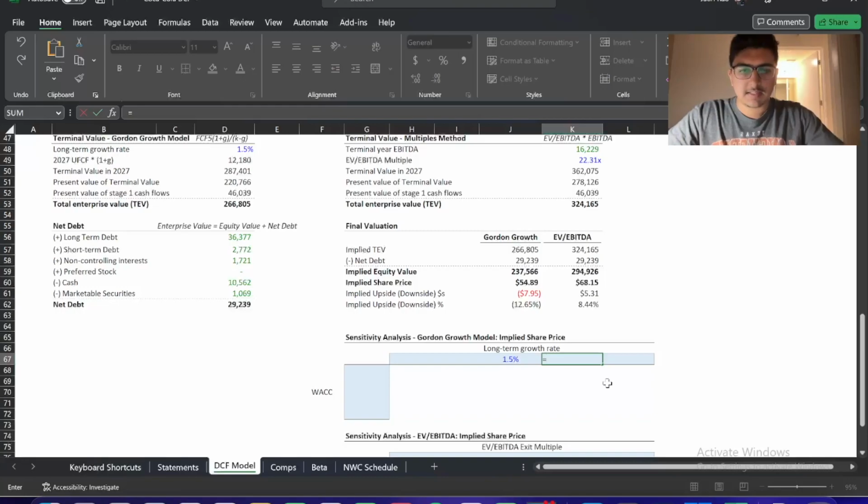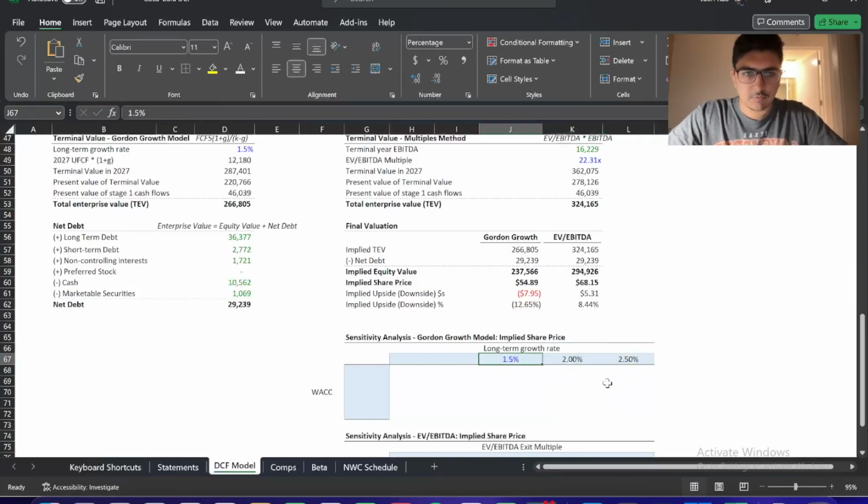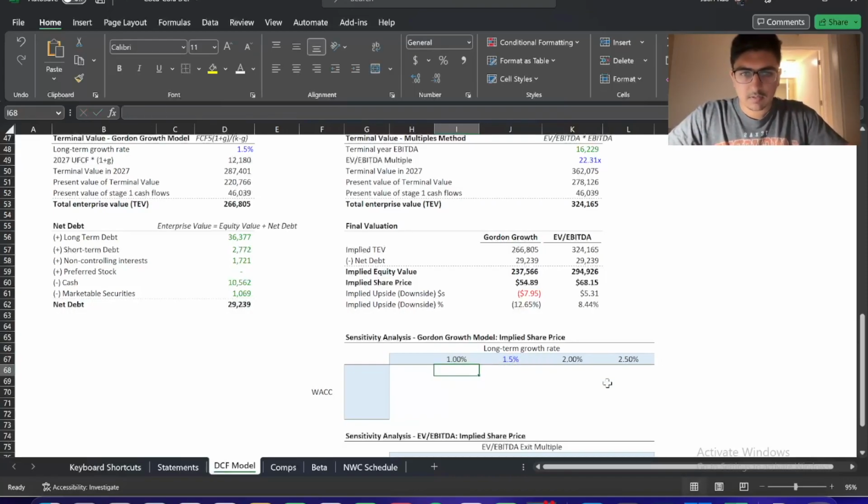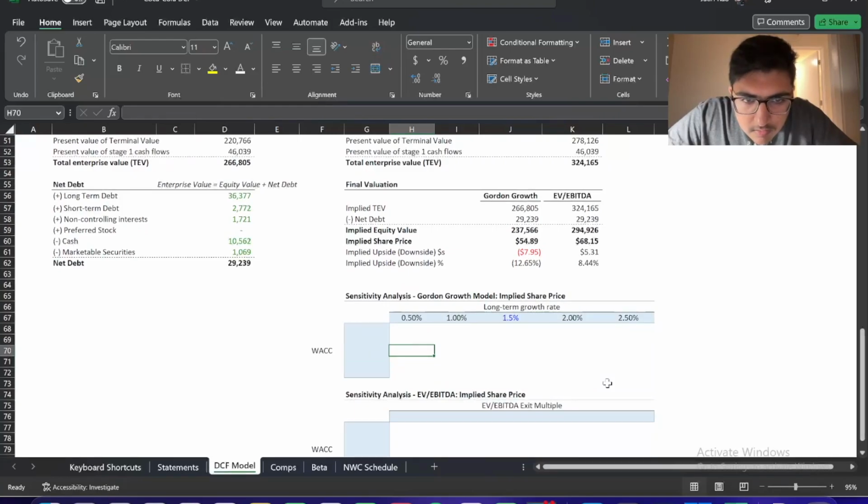And then let's say it increases by 0.5%. So that's 2%, and that's 2.5%. This is this minus 0.5%. And then now it is 0.5.